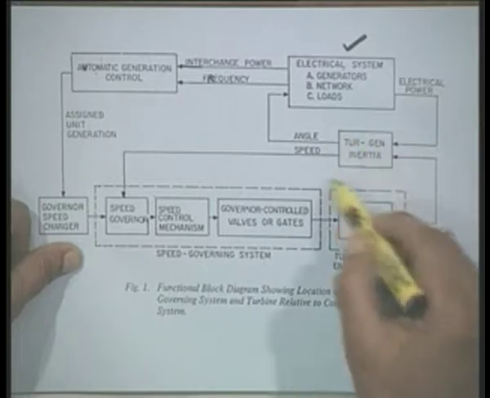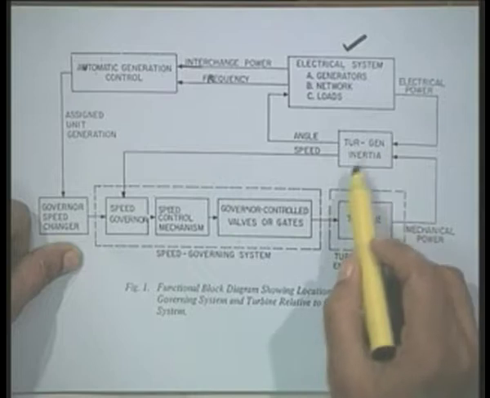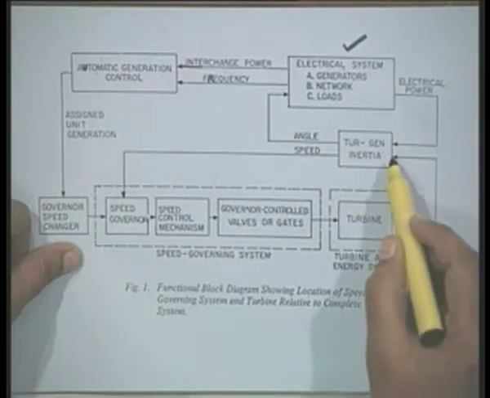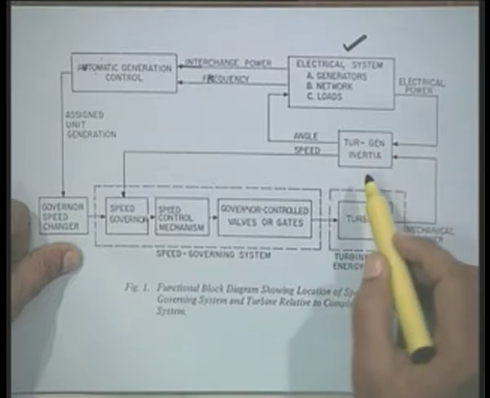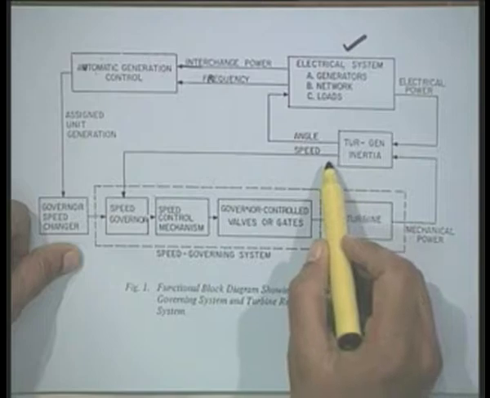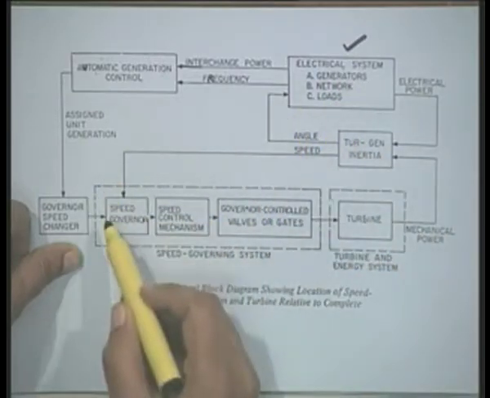So, the input to this block which we use to write the swing equation, we call the turbine generator inertia. Input is electrical power and mechanical power. The difference of this is the accelerating power, and the output from this block will give you the angle, change in angular position and change in the speed.